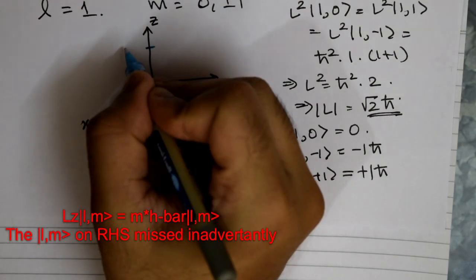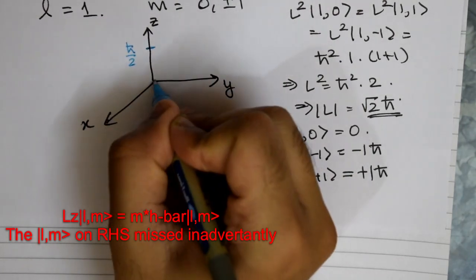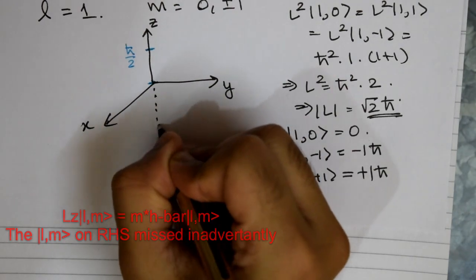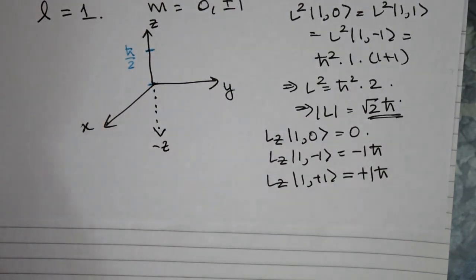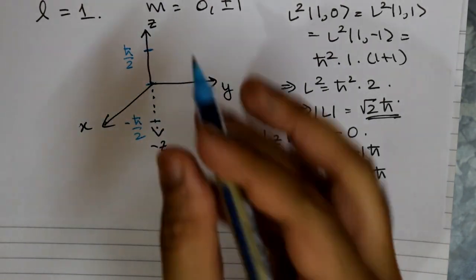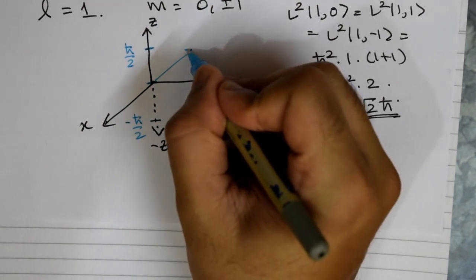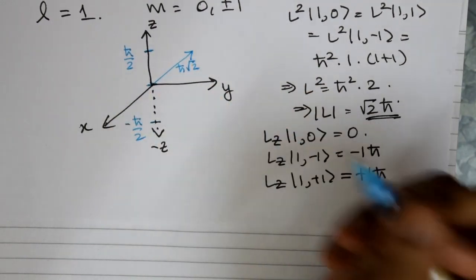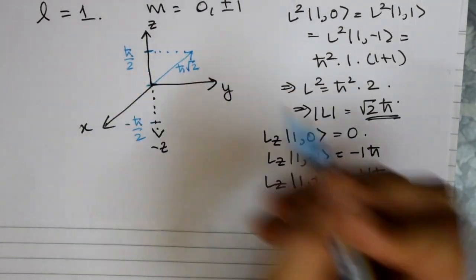So the projection that comes up as h cross, 0, and of course I need to extend it to minus z axis, has a projection here of minus h cross. And then when you have this vector, the magnitude of this vector is square root 2 times h cross.